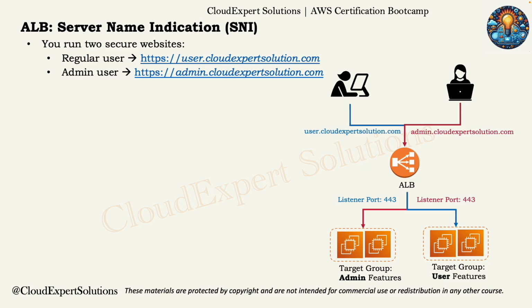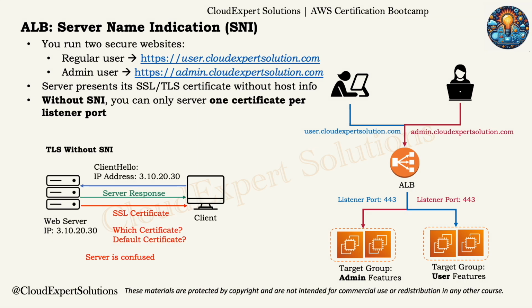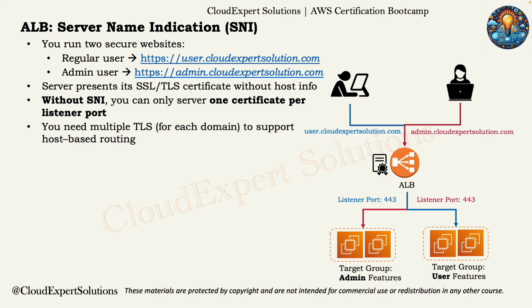During a TLS handshake, the server presents its SSL or TLS certificate before knowing which host name the client is trying to access. Without SNI, you can only serve one certificate per listener per port. However, you need to host multiple TLS certificates, one for each domain on the same listener port, that is 443, to support host-based routing.